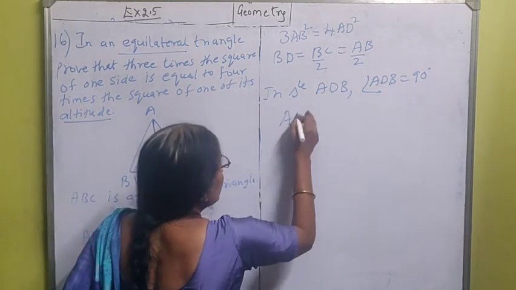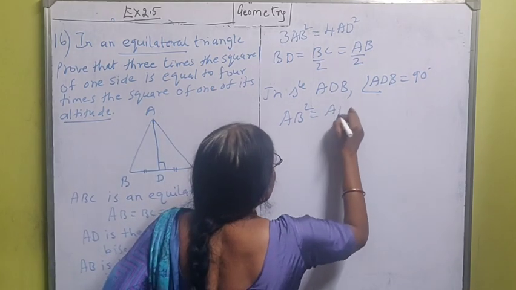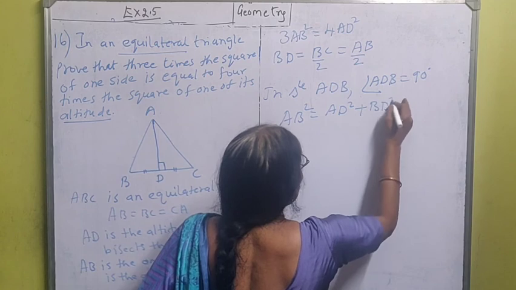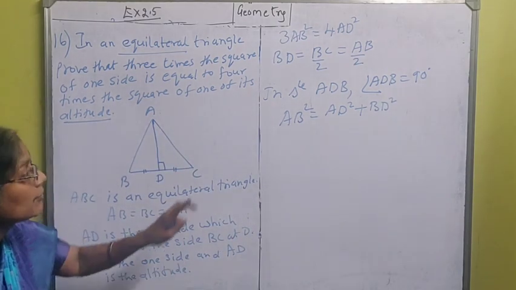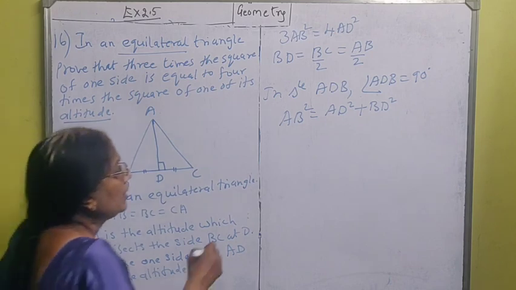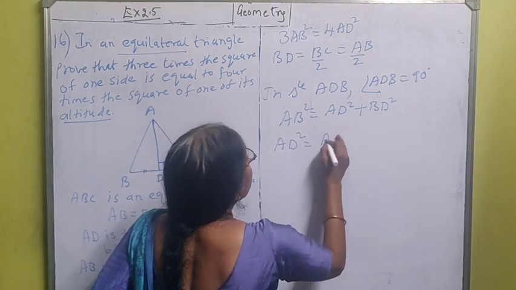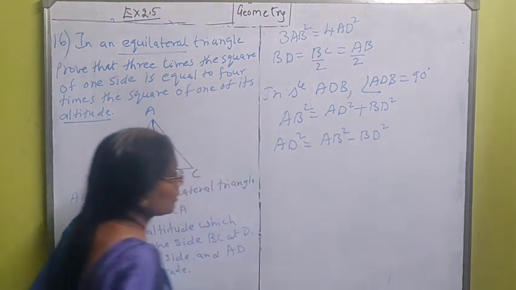AB. So AB square is equal to AD square plus BD square. I want to prove that AB square is equal to AD square, so AD square I will separate out. AD square is equal to AB square minus BD square.